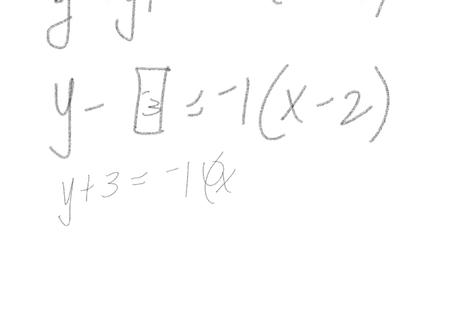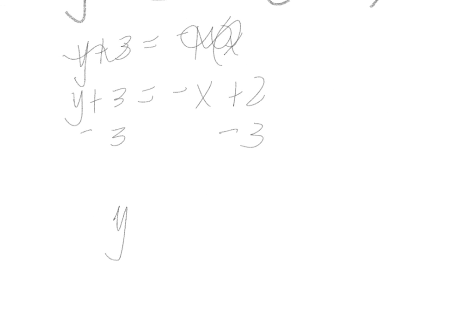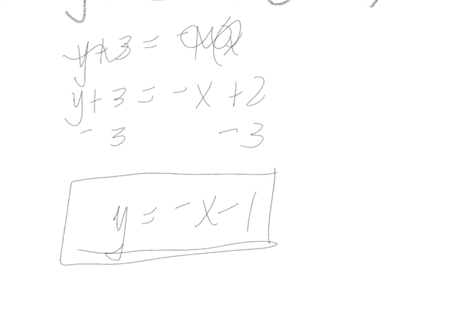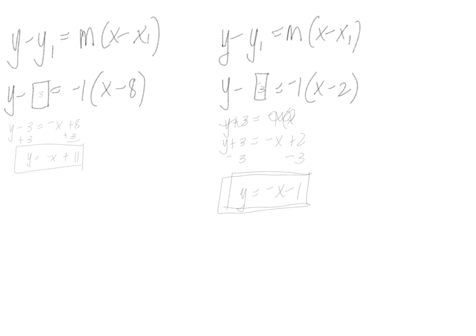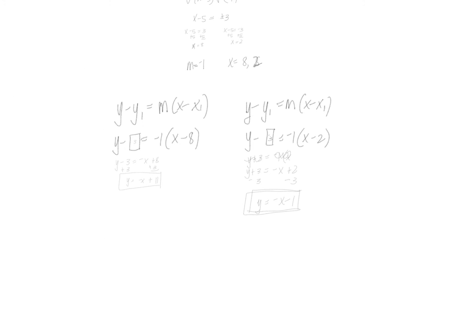Let me go ahead and distribute that -1: -x plus 2 equals y plus 3. Subtract 3 from both sides. So y equals -x minus 1. Those are your two tangent lines when the slope is -1.